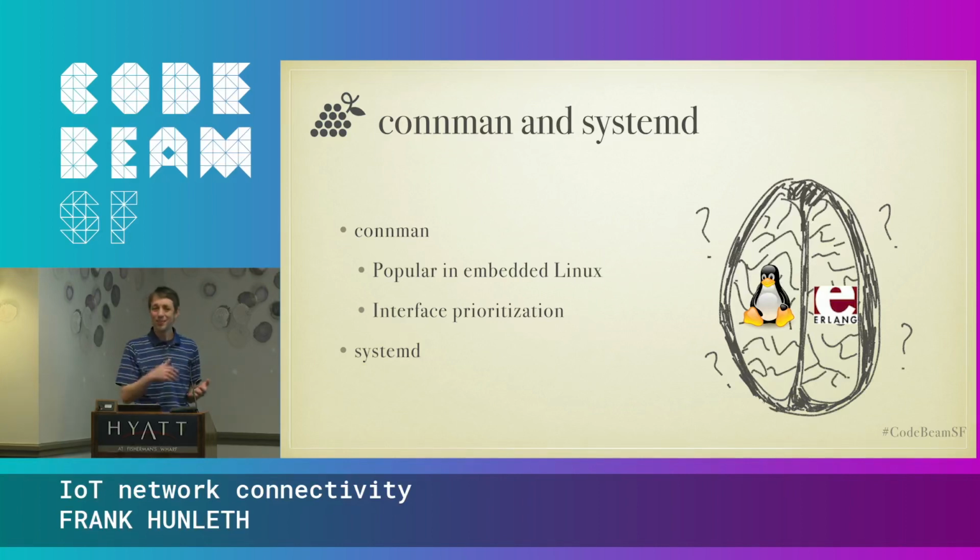So Nerves, those of you who've used Nerves, you can pull in traditional embedded Linux tools to manage things, and people do that frequently. They pull in systemd, and they pull in connman. But both systemd and connman like to use D-Bus, and then you start getting to the situation where I'm in Erlang, sending messages back and forth, but now I need to interact with these tools.